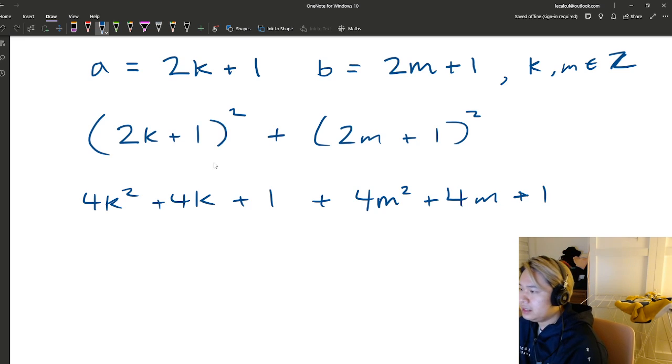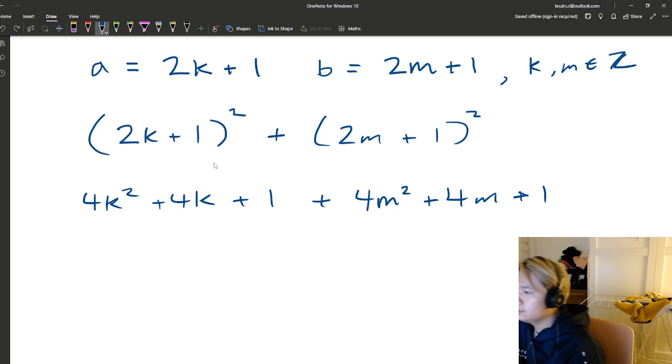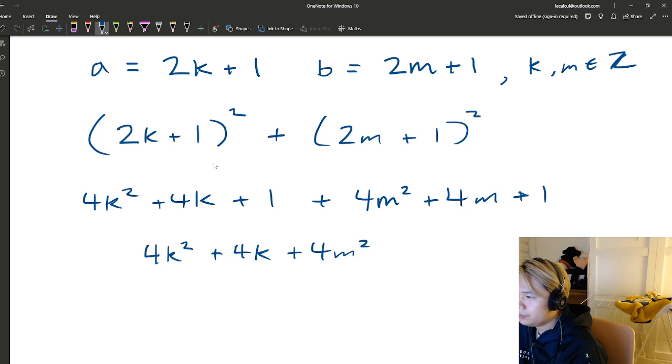Okay, so then if we were to collect the ones together, what you're going to get is 4k squared plus 4k plus 4m squared plus 4m plus 2.